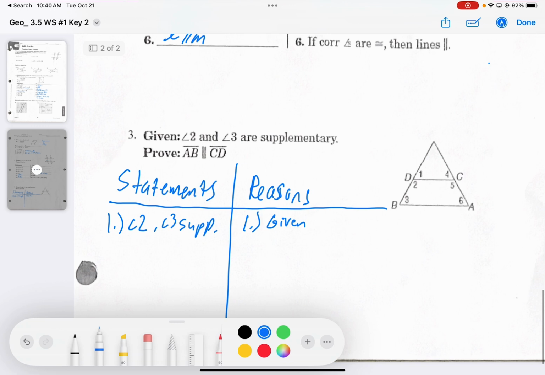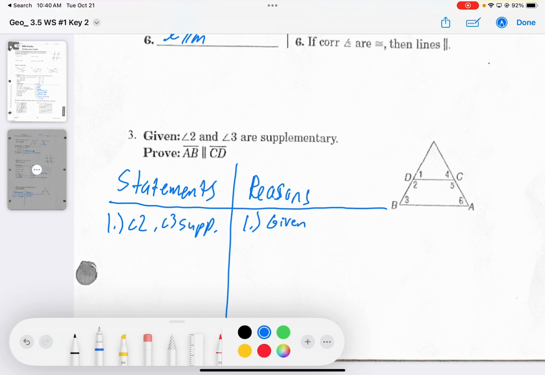That's crazy. All right, if angle 2 and angle 3 are supplementary, that's what I want to show, right? It says prove that AB is parallel to CD. What type of angles are angle 2 and angle 3? Supplementary, yes, they gave me that, but what else? What type of angle pair? Consecutive interior, right?